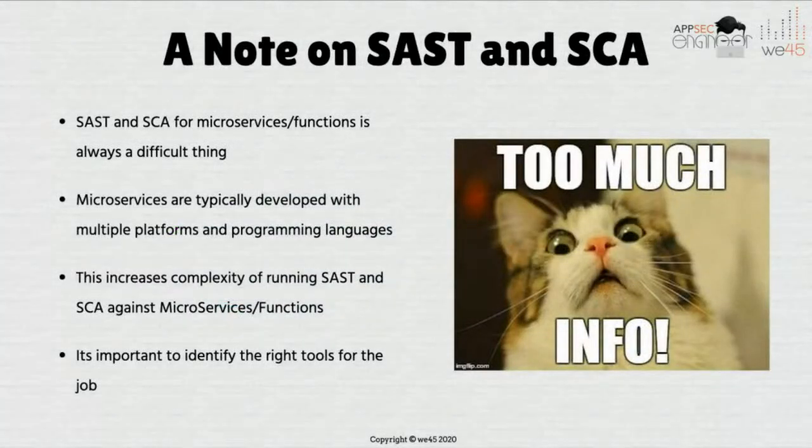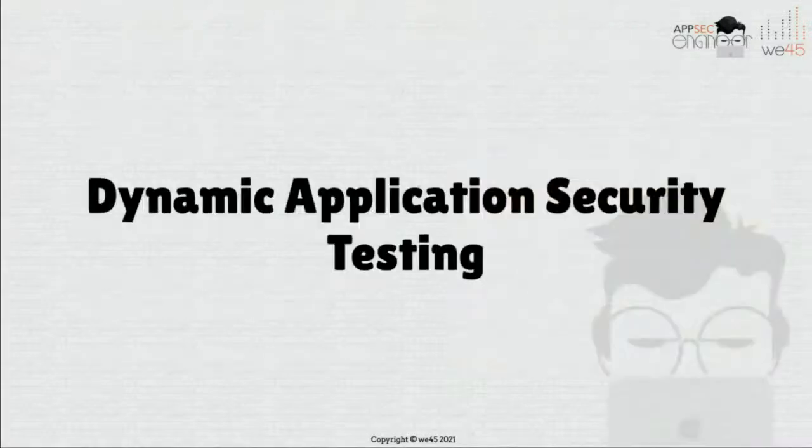Now, again, SAST and SCA for microservices is going to be a difficult thing. Like I just mentioned, if you're going to be using multiple languages, you're going to have to find multiple tools that do a pretty good job. And this also tends to increase the entire complexity of SAST and SCA as well, which is why it is extremely important to identify the right tools for the job.